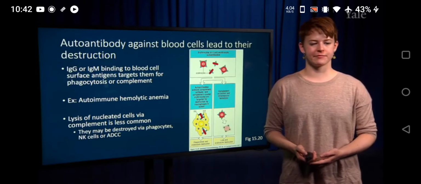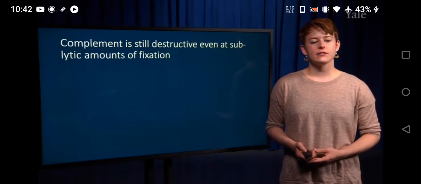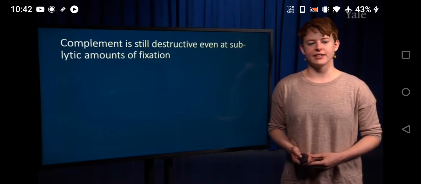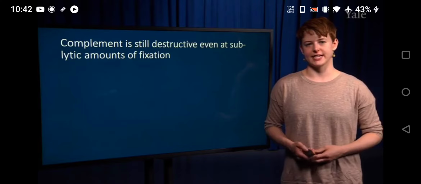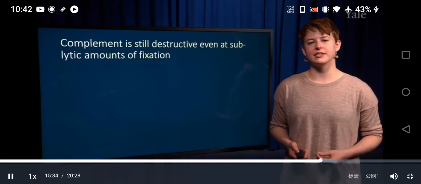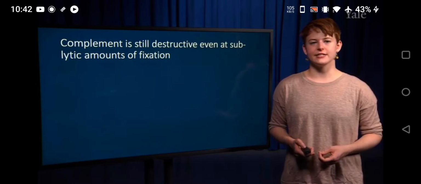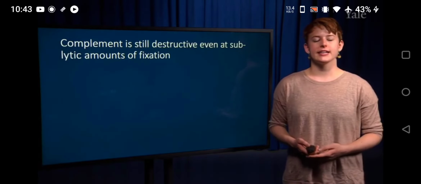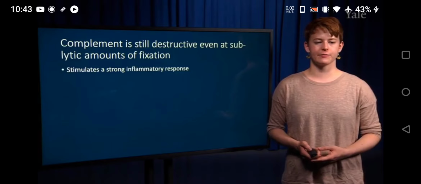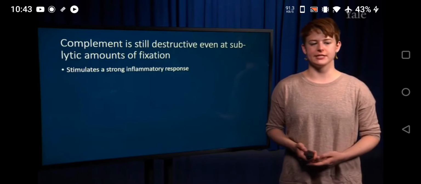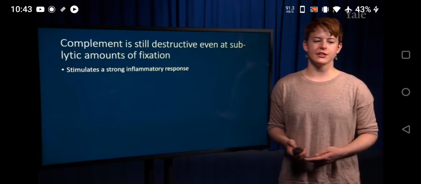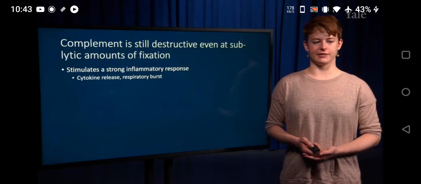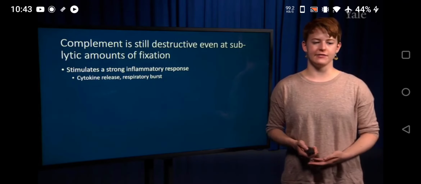So complement is still destructive even at sublytic amounts of fixation. So even if you don't have enough complement protein to lead to lysis, for example, of red blood cells, it can still cause tissue damage. So complement deposition stimulates a general strong inflammatory response, including cytokine release and respiratory burst.